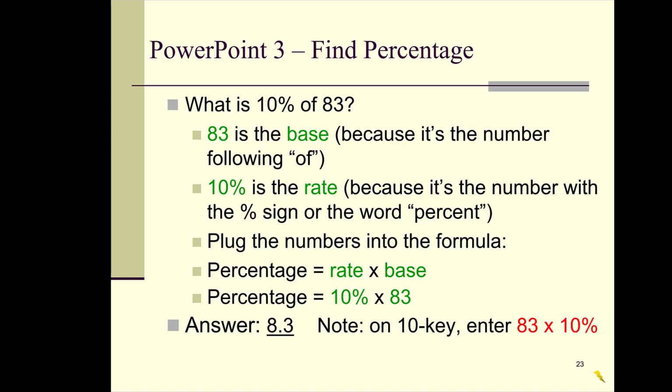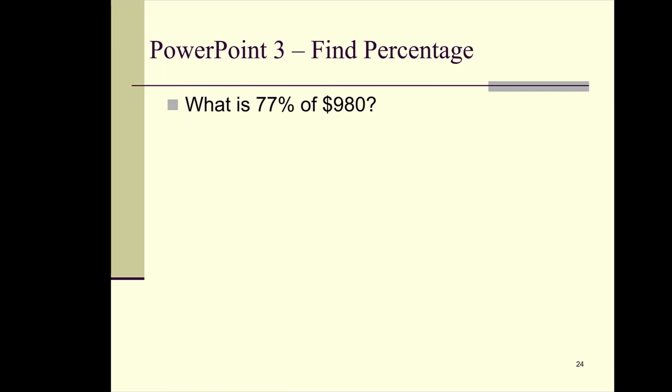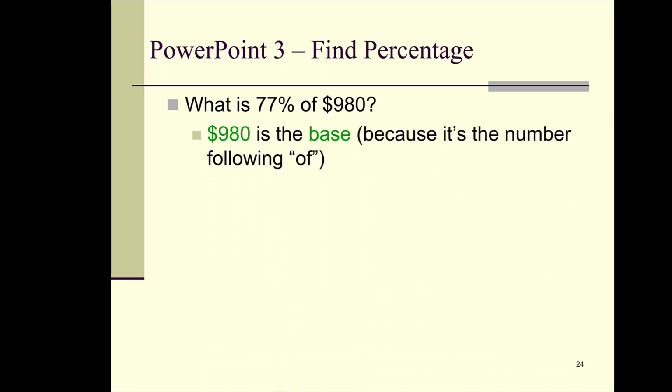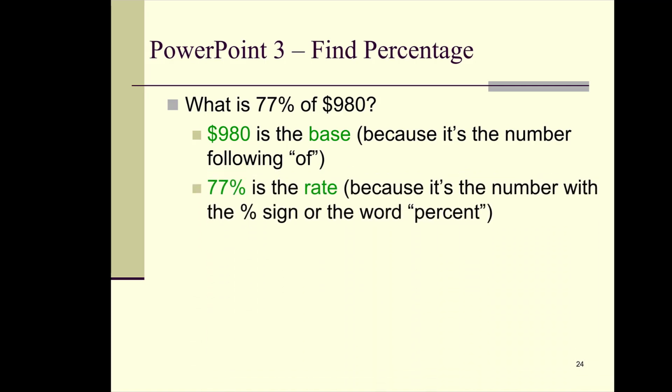All right, so those were all really easy. You could probably do them in your head. Let's try something a little more difficult. What is 77% of $980? Well, let's do this step by step. Remember, the base follows the word of. Therefore, 980, since it follows the word of, is the base. 77% is a rate because rate is the number with a percent sign or the word percent.